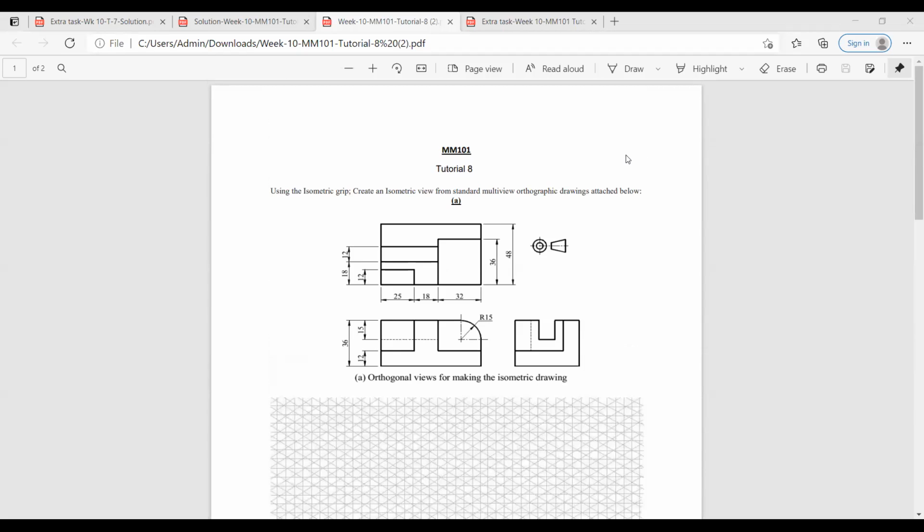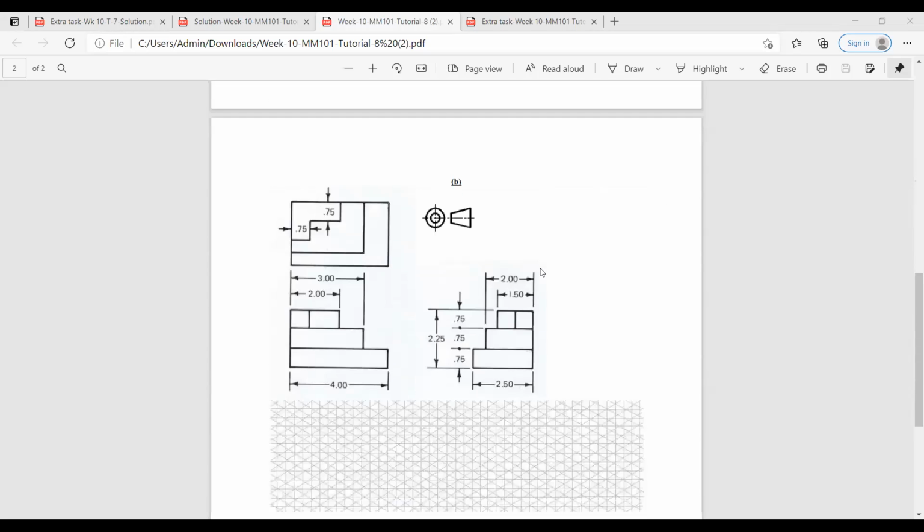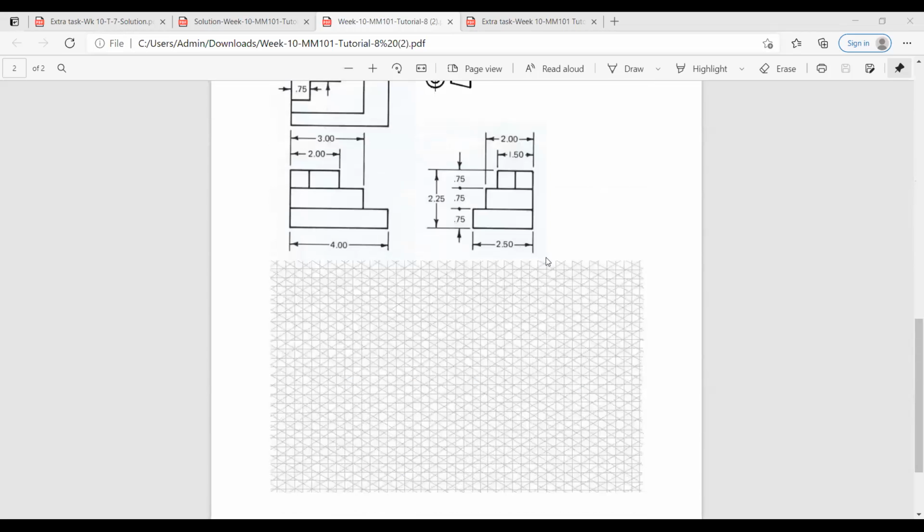Is that clear to everyone? So only by drawing the isometric views for part A and part B, taking a picture and then posting it to the Viber discussion forum, will you be given attendance for this week.